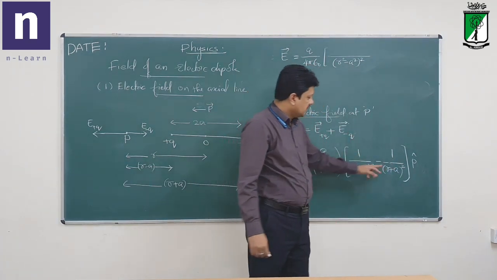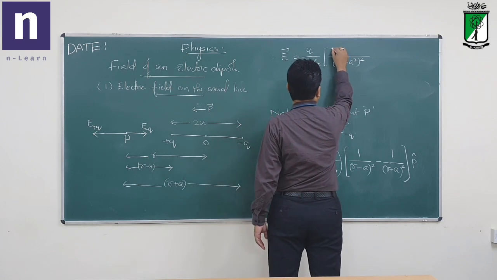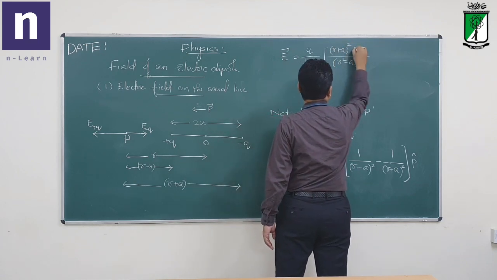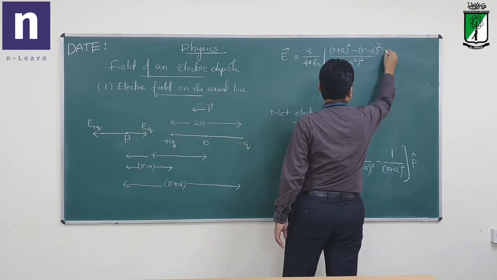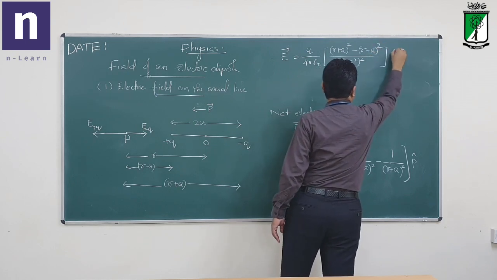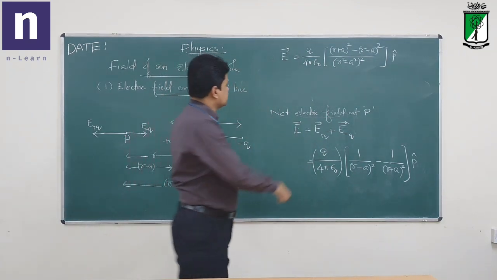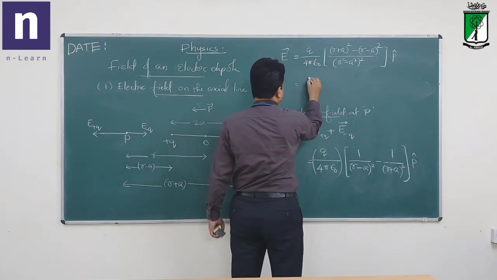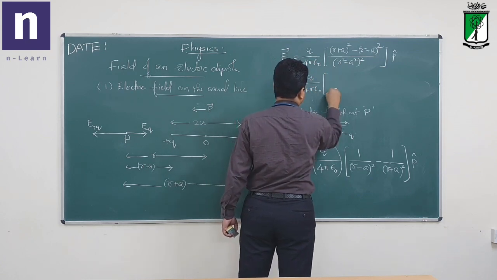You know how to take the LCM. R plus a whole square minus r minus a whole square into p cap. This is the resultant, which is nothing but equal to q divided by 4 pi epsilon naught into.